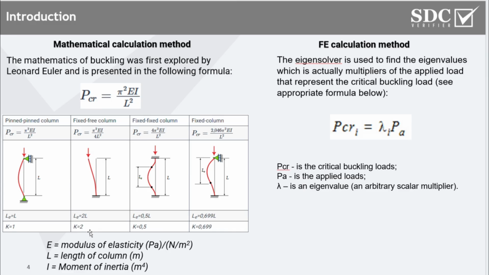So the critical buckling load is the applied load multiplied by the eigenvalue. This calculation method is available in almost all FEA software, but in this case we cannot take into account the local effect if we use the beam element.